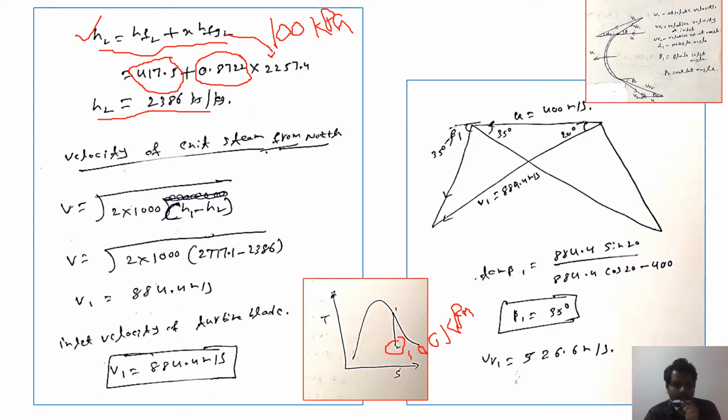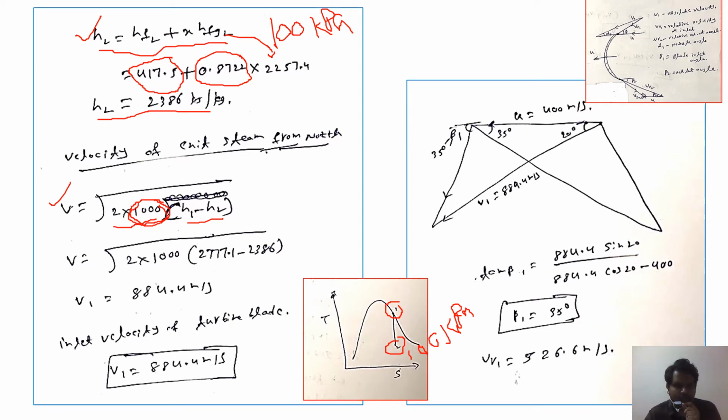Now we know the enthalpy values at point 1 and point 2, so we can find the velocity of the steam entering the turbine. The formula is V equals square root of 2 into 1000 into H1 minus H2. Here 1000 is for converting to kilowatts. Generally students make a mistake here. Many students forget to write 1000.